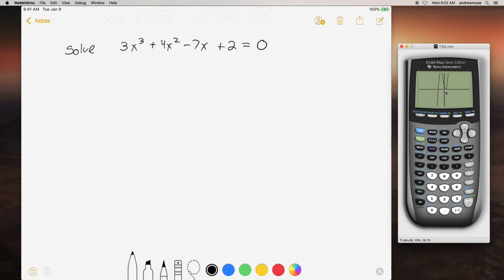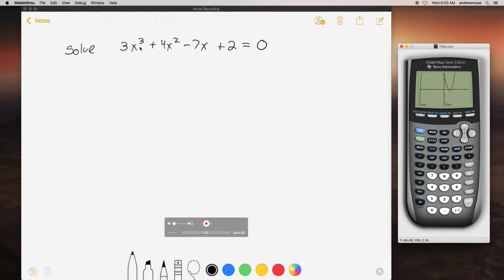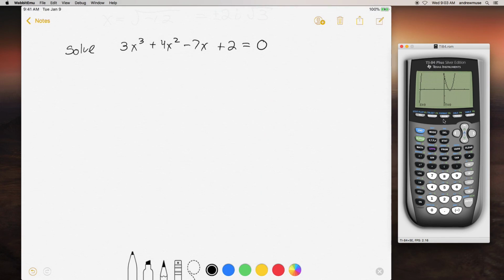It's really small, so let's zoom in. Okay, as you can tell, it dips below it. When we were backed out, you couldn't hardly tell that. So there's 3 zeros. 1, 2, 3. Okay, now this is 3rd degree. That's 3 zeros. Now sometimes when we use a calculator, they're not going to be very obvious what they are.